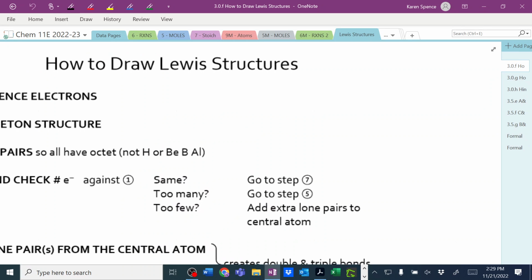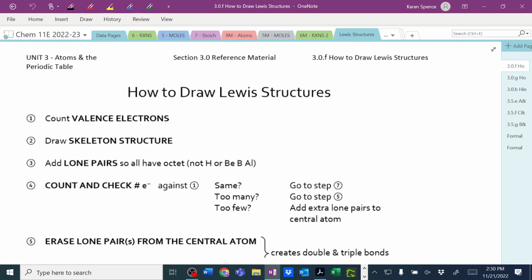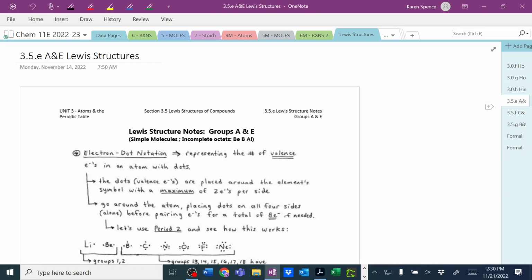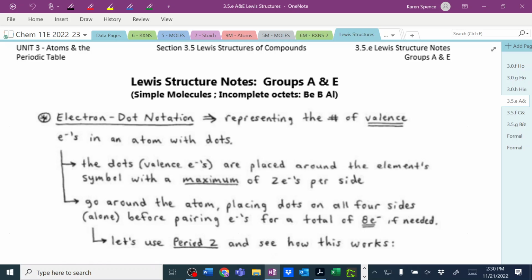Oh, you also get this, but I'll give that to you afterwards. Okay, so first of all, 3.5E, which is the front page of what you've got. Electron dot notation is a way of representing the valence electrons of an atom with dots.